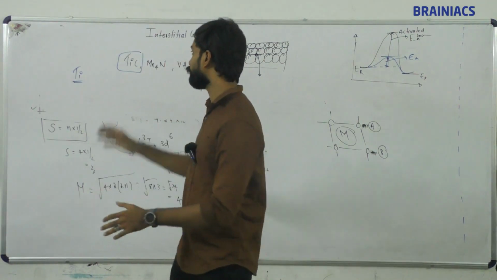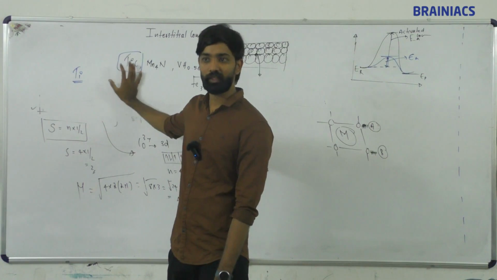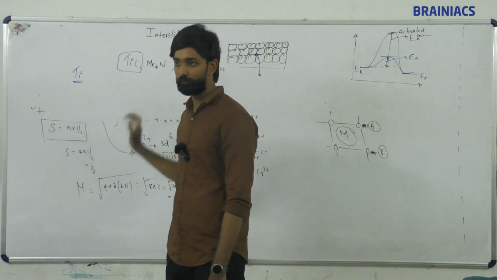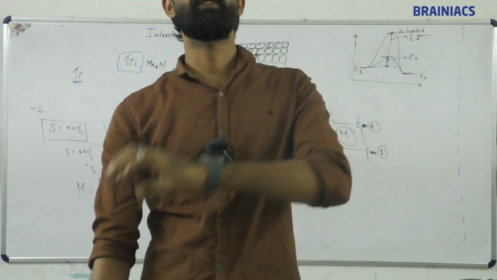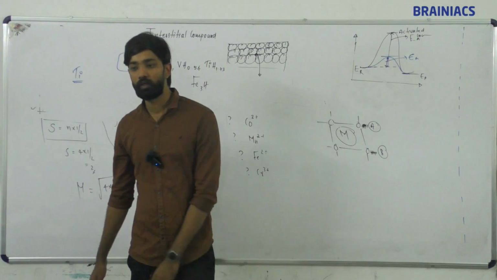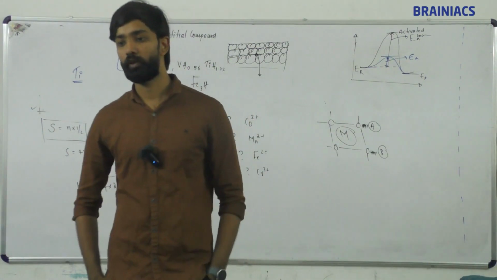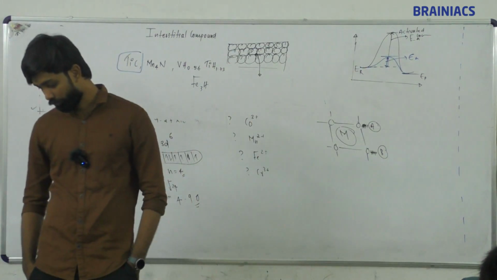The chemical reactions of interstitial and pure compounds will be nearly the same, and the conductance is the same. One more point: but conductance and chemical properties are same as pure compound.